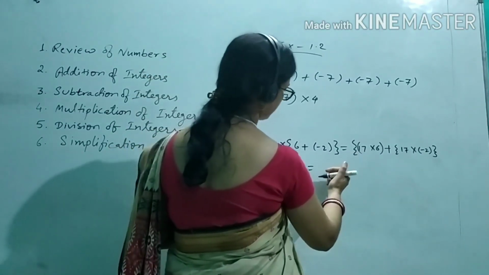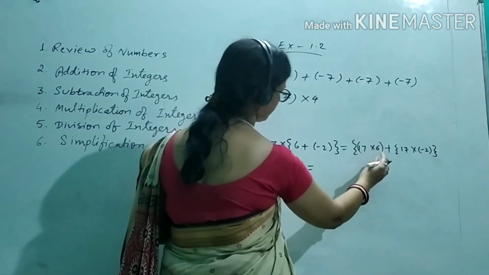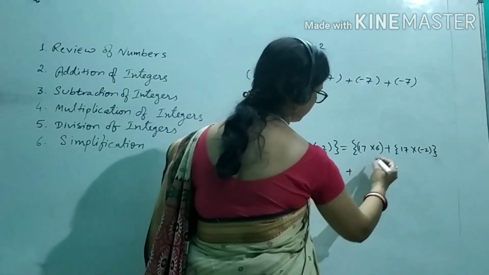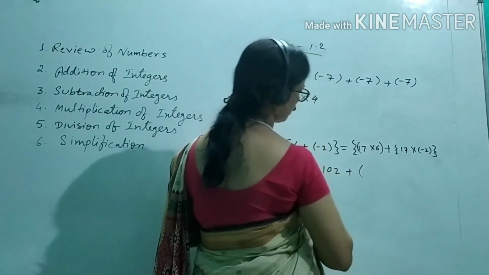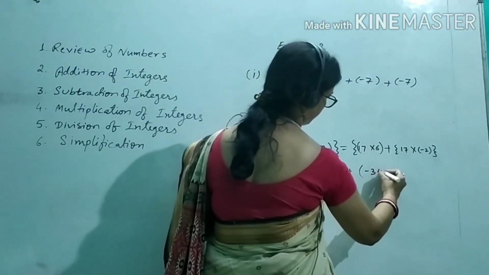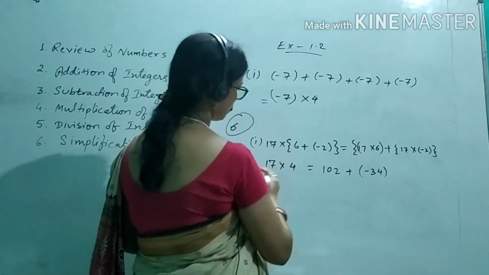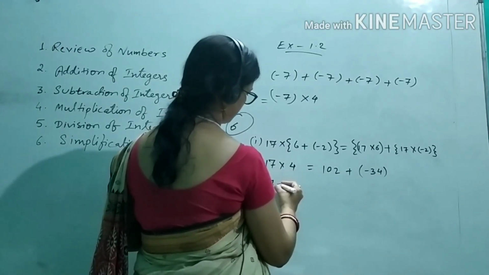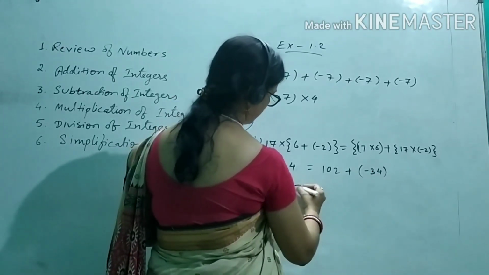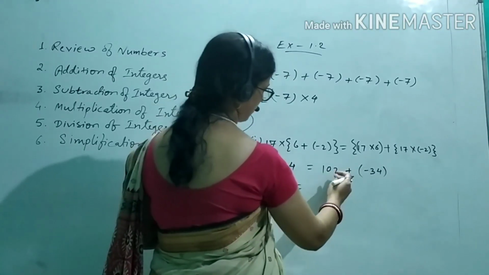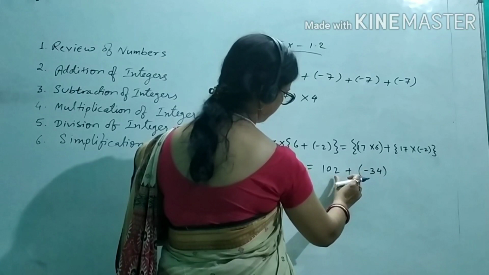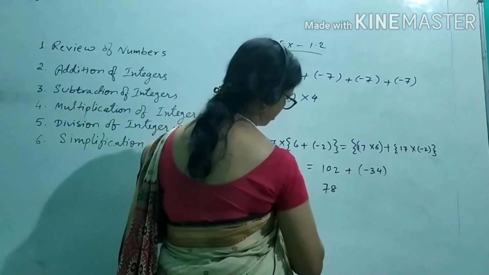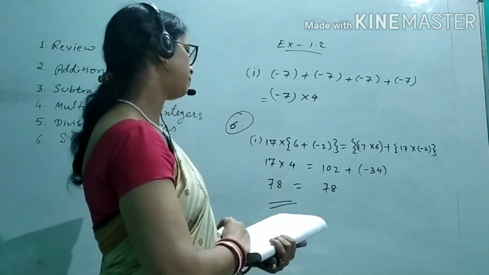And on the other side, 17 times 6 is 102, plus 17 times -2 is -34. So now what are we going to obtain? 17 times 4 is 68. And if we subtract 34 from 102, we will get 68. The answer remains the same. The value we obtain on both sides is the same.